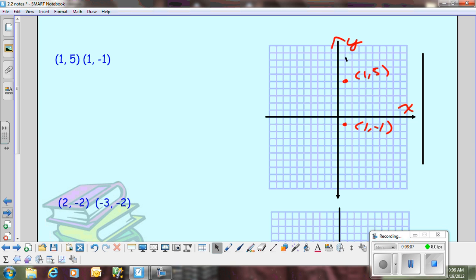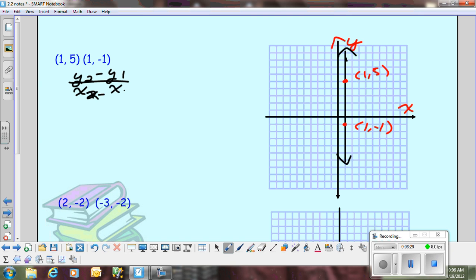When I draw a line between the two, it's going to be a vertical line. So let's find the slope: y2 minus y1 over x2 minus x1.